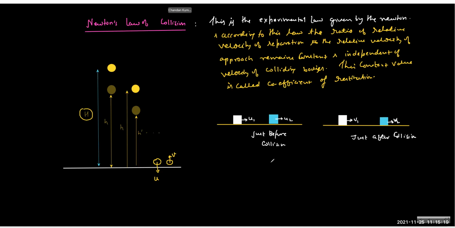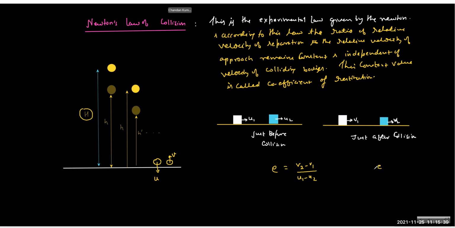Then the definition of e, which we call the coefficient of restitution, will be the ratio of separation velocity to approach velocity. They will separate at v2 minus v1 because v2 is bigger than v1, and the approach is u1 minus u2 because u1 is bigger than u2. And this number must be a positive number.